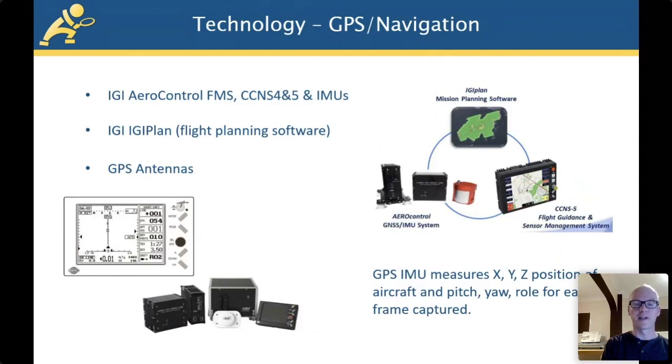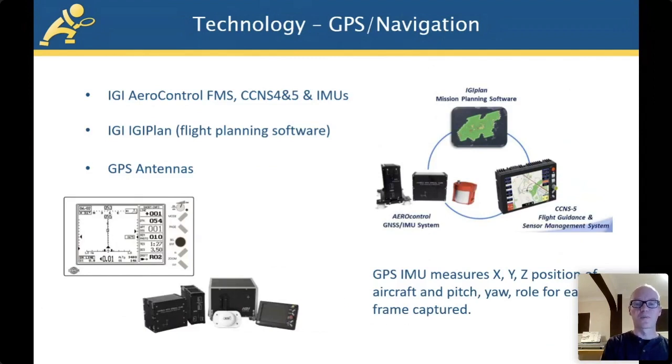What we need to find out is the position of the aircraft, the camera, at the point every picture was taken. We also need to know the orientation of the aircraft. If you imagine our aircraft going along, it's still got some rolling and pitching and yawing, moving all over the place, even with the mount. So we need to record the orientation of the aircraft at the point of capture of every photograph.